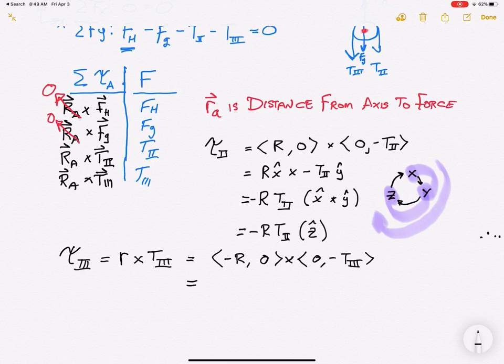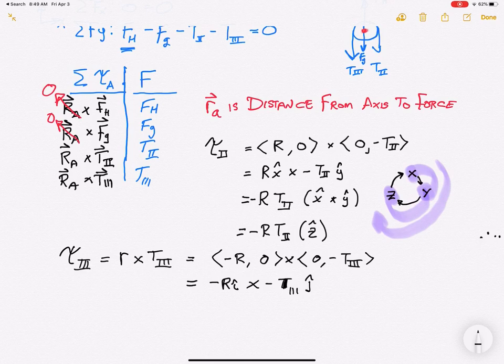And we'll convert this into something that's a little easier to understand for some. And we're going to do negative R i hat gets crossed into negative T3 j hat.